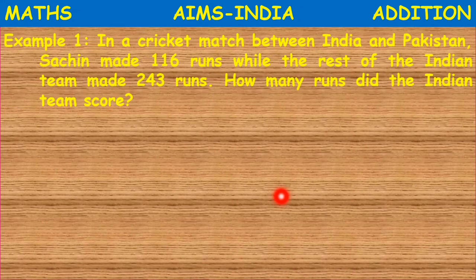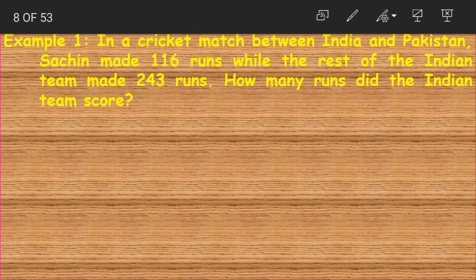Let us solve some examples. Example 1. In a cricket match between India and Pakistan, Sachin made 116 runs while the rest of the Indian team made 243 runs. How many runs did the Indian team score?